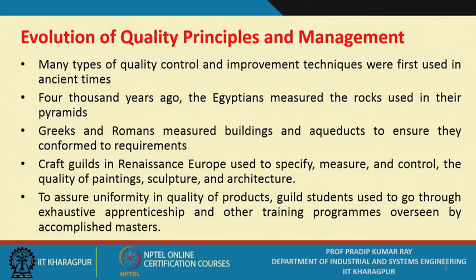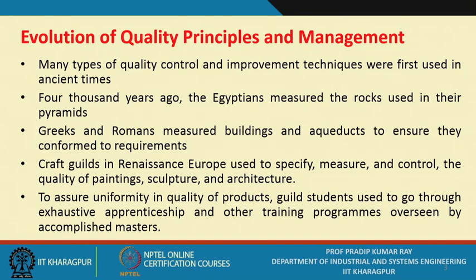There are several examples. In fact, I want to highlight those examples. Craft guilds in Renaissance Europe used to specify, measure and control the quality of paintings, sculptures and architecture. So unless you start measuring those quality features or quality characteristics, how do you assess the level of quality?